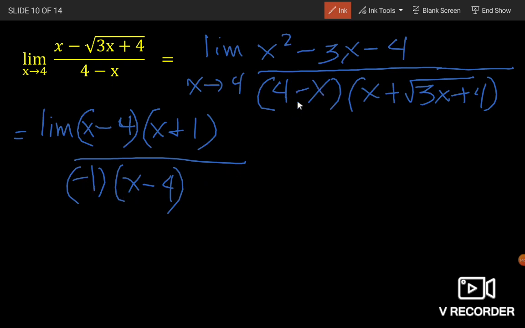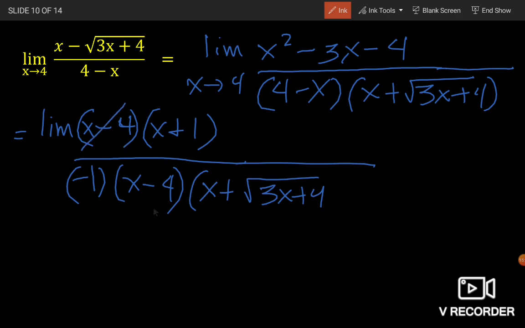So by factoring out negative 1, you'll get x minus 4 here, and of course multiplied by x plus square root of 3x plus 4. Now, notice here, you have x minus 4 in the numerator, you have x minus 4 in the denominator. These two will cancel out. Don't forget, by the way, to put x approaches 4.